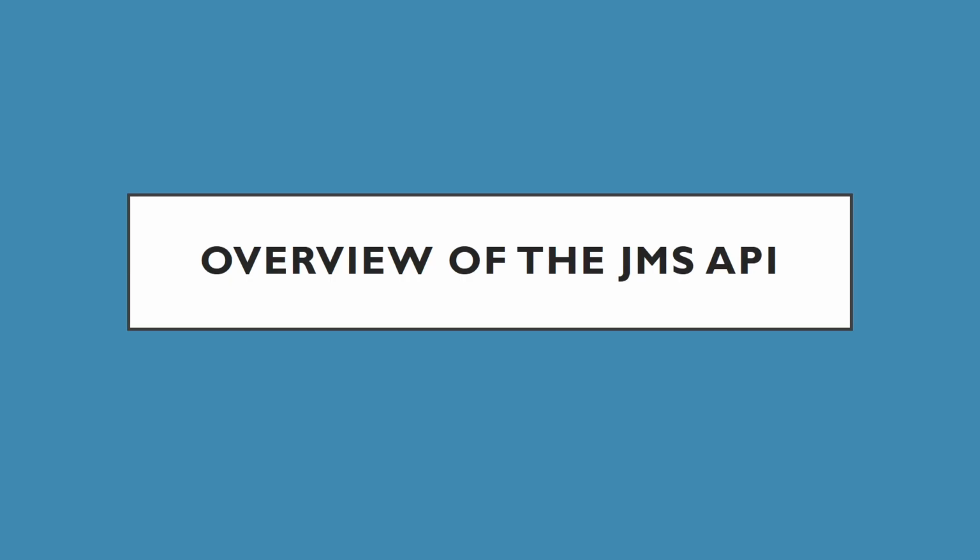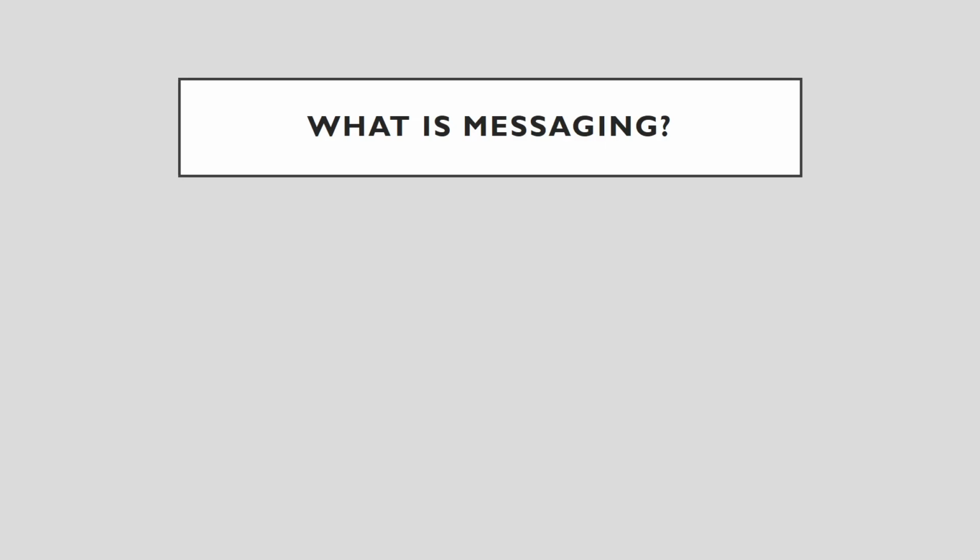Now, the overview of the JMS API defines the concept of messaging, describes the JMS API and when it can be used, and of course explains how the JMS API works within the Java EE platform. First, what is messaging? Messaging is a method of communication between software components or applications.